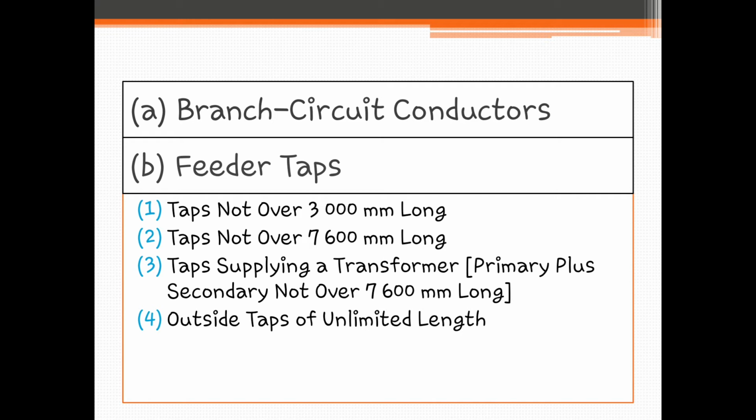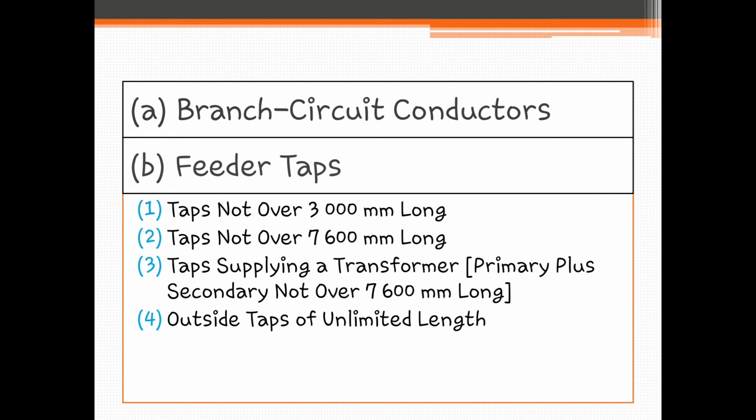Next is the feeder taps. For feeder taps without overcurrent protection, the conductor shall be permitted to be tapped to a feeder as specified in the following. First is tap not over 3,000 millimeter long, where the length of the tap conductors does not exceed 3,000 millimeter and the tap conductors comply with all the following.